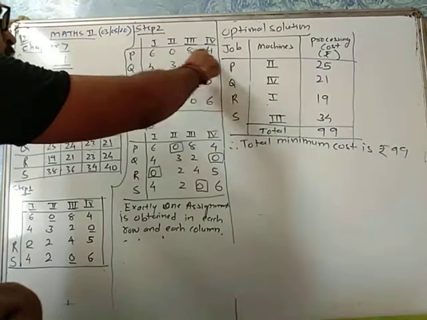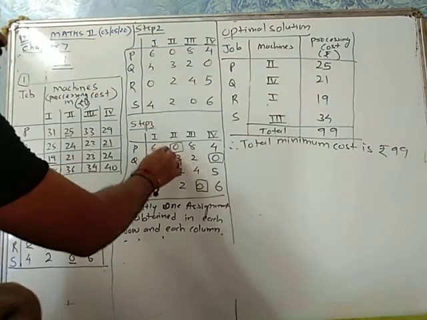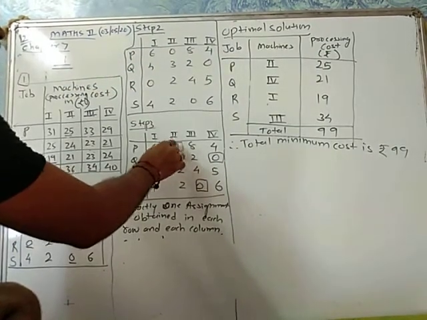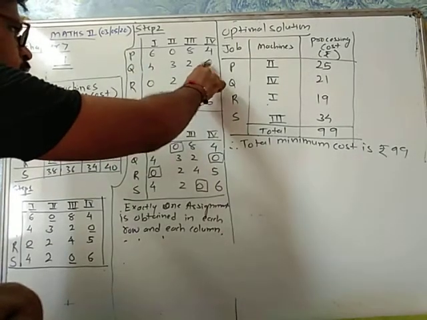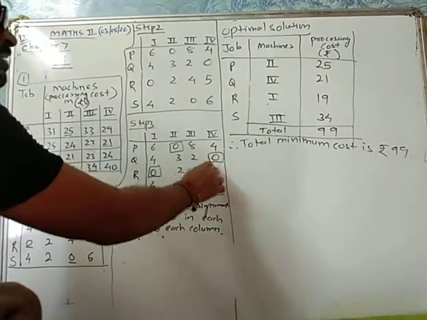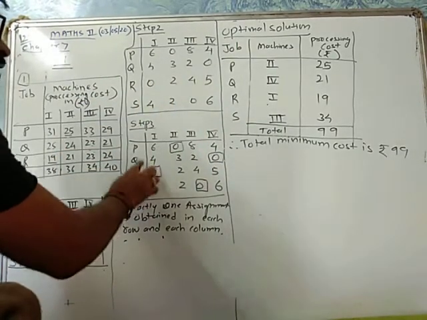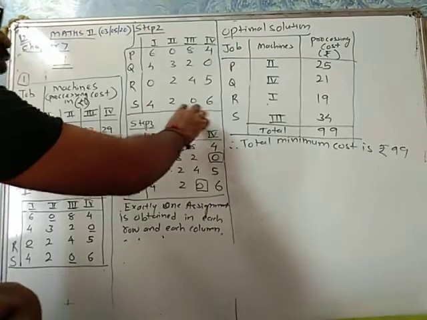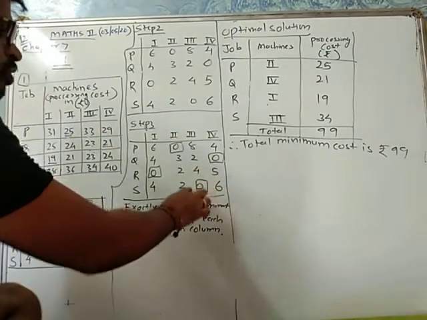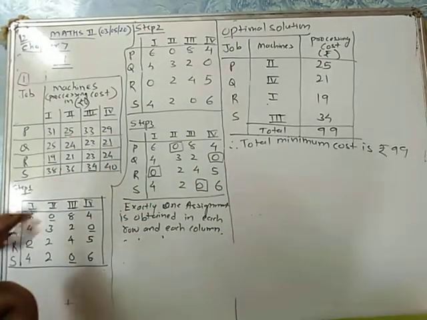In the first row there is a single zero, so please mark it, make assignment. In the second, third and fourth rows also there is a single zero, so please mark it.